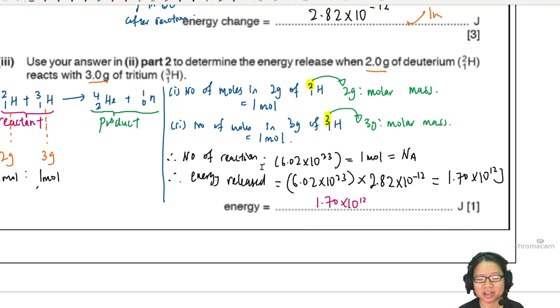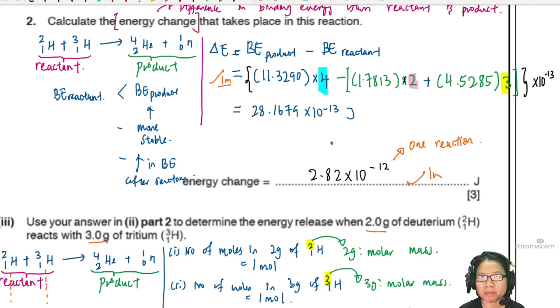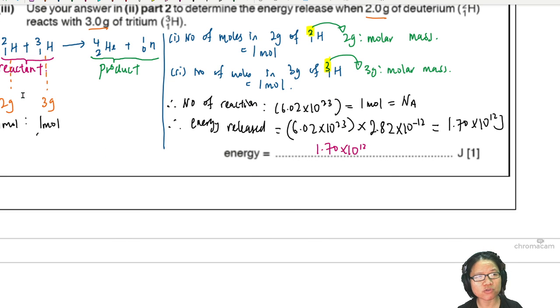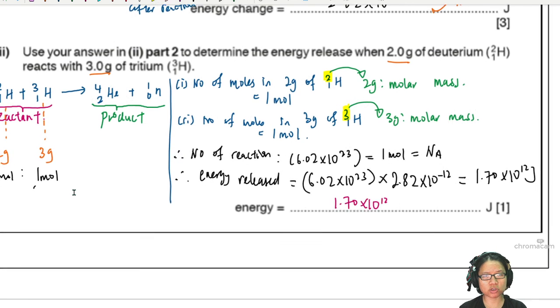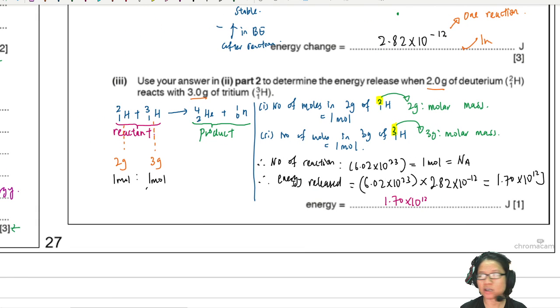Okay, there's no limiting factor. Energy released by a single reaction is calculated by finding the difference in binding energy. So I just take this one, multiply by the number of moles. So if I give you a different mass, you should be able to calculate how much energy is released based on number 1, how many moles of reactants there are, and number 2, is the ratio enough, or if one is 1 more than the other one. Okay, so that is this part of the equation. And if you're struggling with chemistry, make sure you top up your understanding of the mole concept.